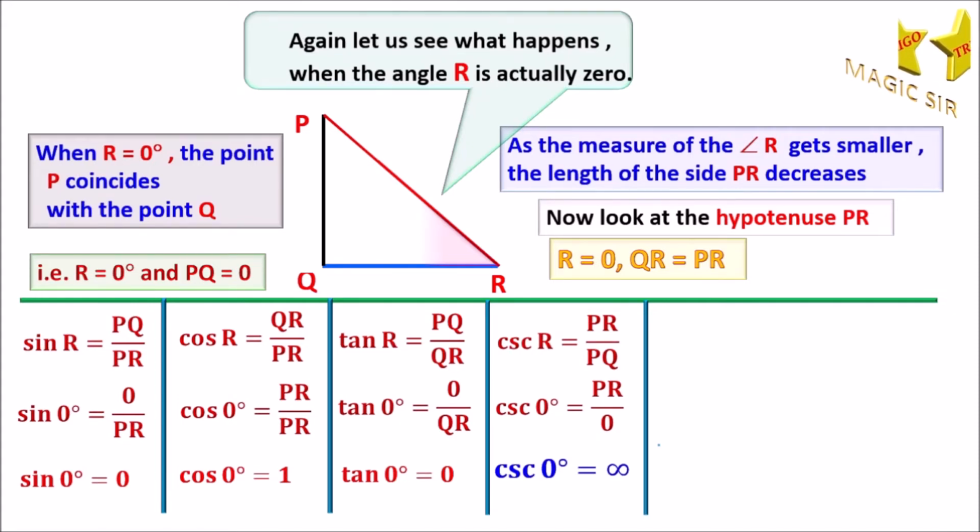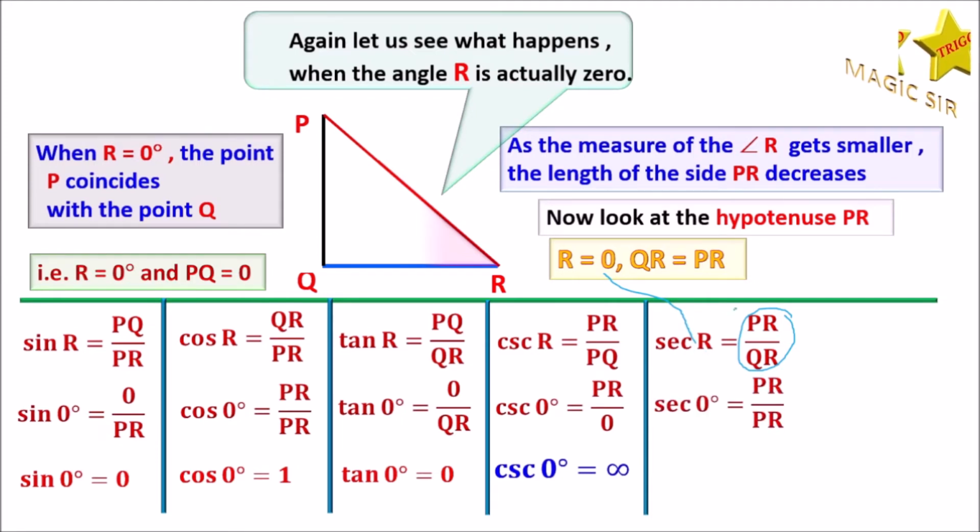Now sec R is equal to, by definition, PR upon QR. We put R equal to 0 degrees and QR equal to PR.